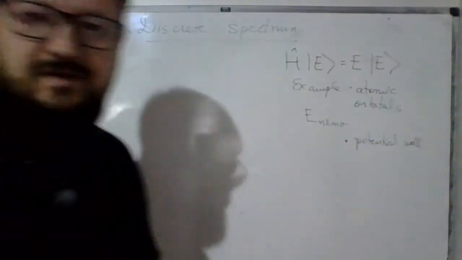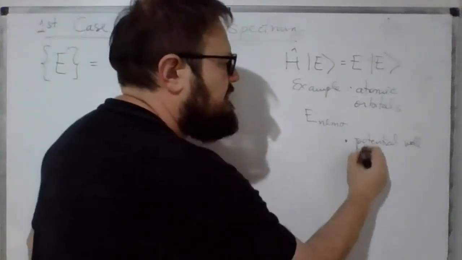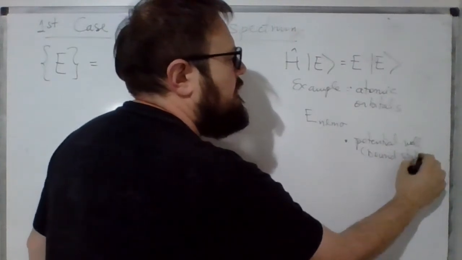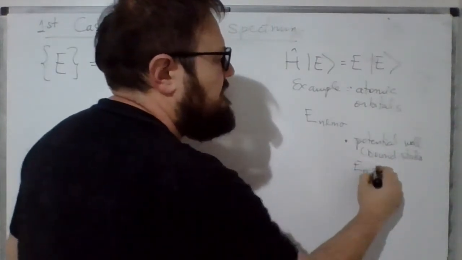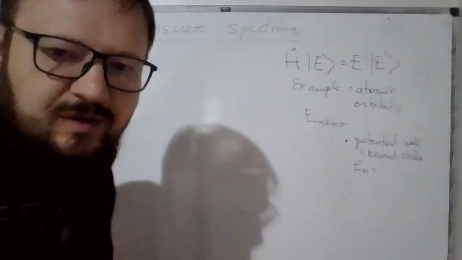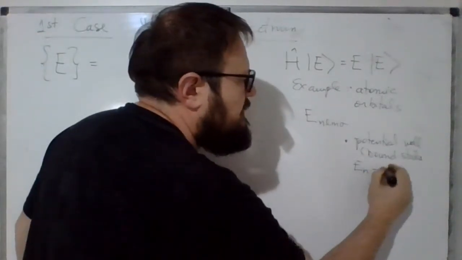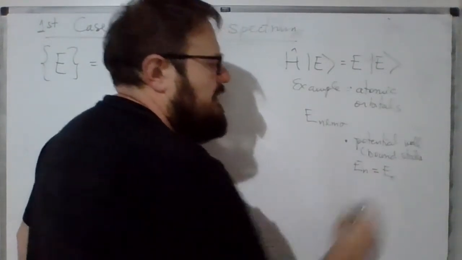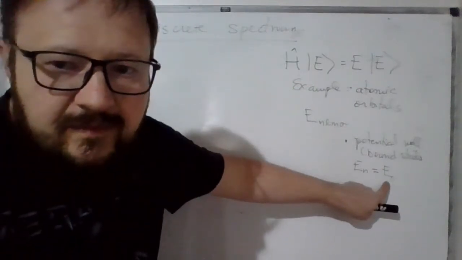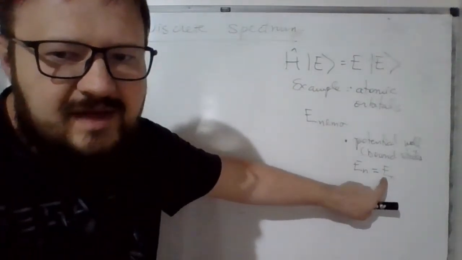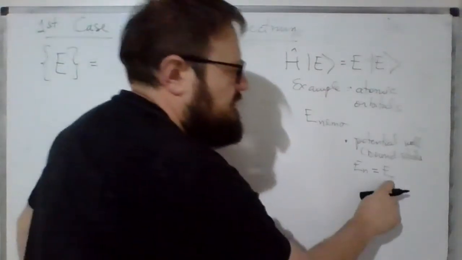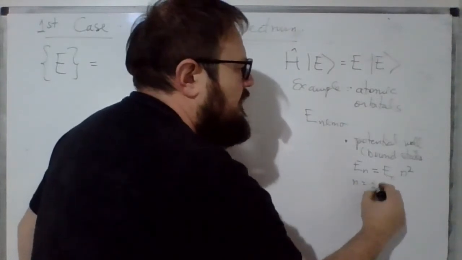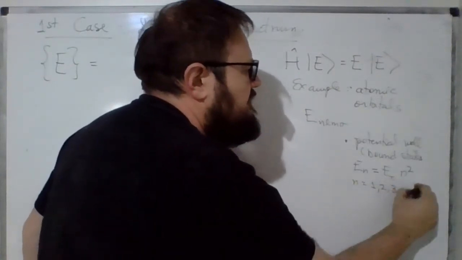Okay, so if you are considering the bound states here, you'll remember that in the case of an infinite potential well, the energy states will be labeled by an integer number n, and you have an energy scale defined as E sub 0 times n squared, and n takes on the integers 1, 2, 3, 4.